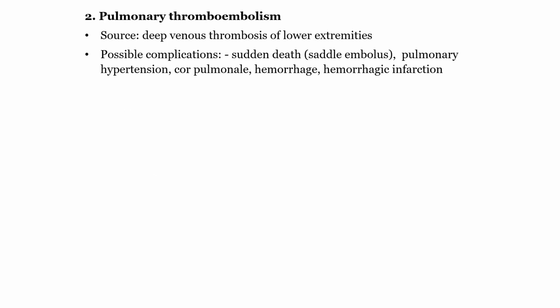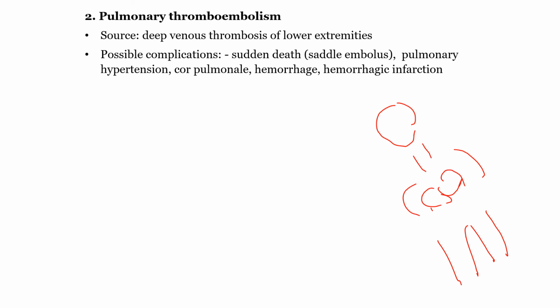What about pulmonary embolization? The same patient or another patient, you have the lungs and you have lower limbs, for example. If this patient has a thrombus in the veins of the lower limb, part of this thrombus will become detached and go back through the inferior vena cava to where? To the right side of the heart.